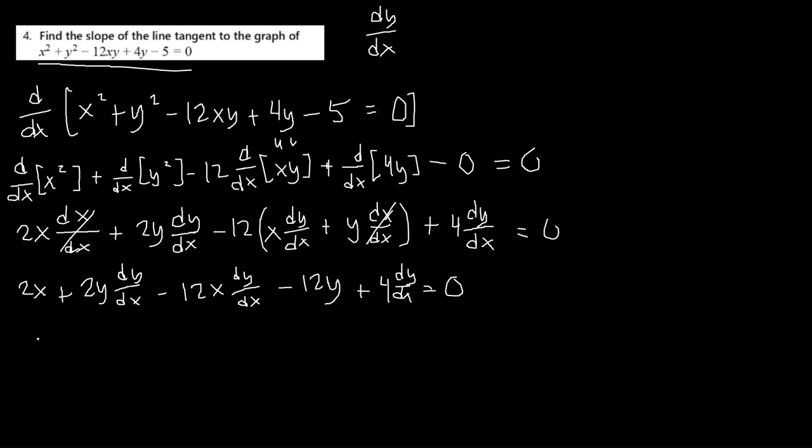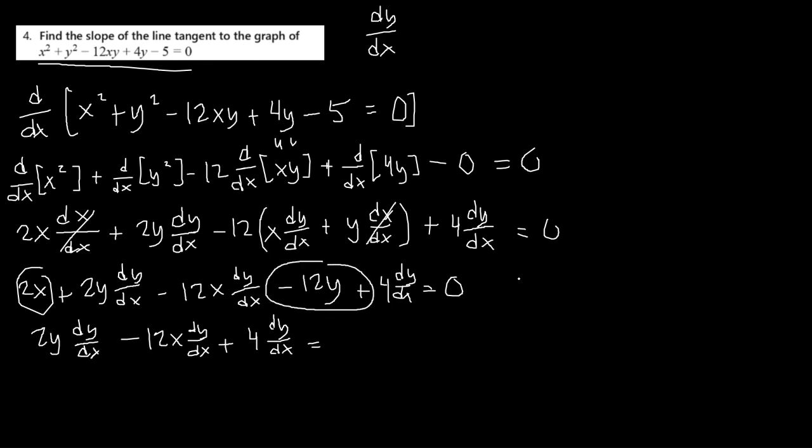So this becomes 2y dy over dx minus 12x dy over dx plus 4 dy over dx is equal to this, which we transfer to the other side, so this becomes 12y minus 2x.